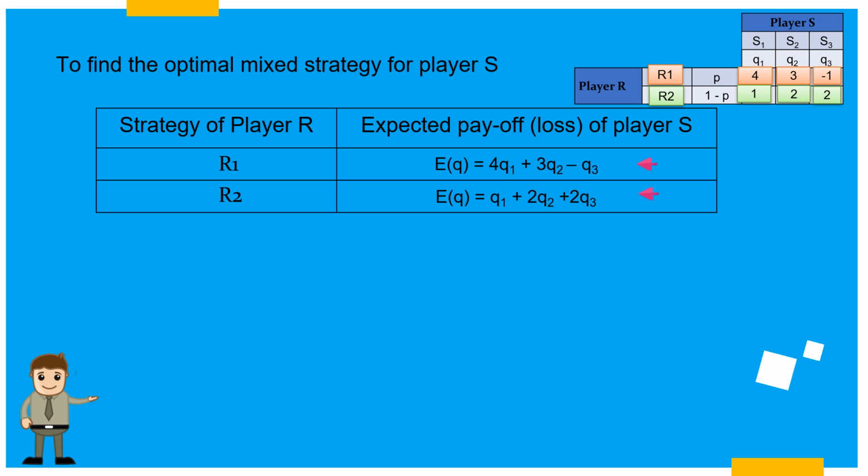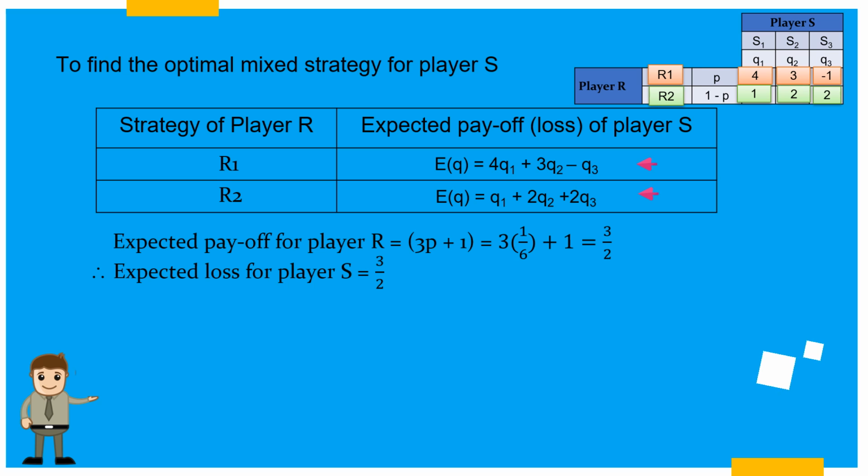Next, find the expected gain for player R by substituting p equals 1 over 6 into 3p plus 1, and we have 3 over 2. In other words, the expected loss for player S is 3 over 2.